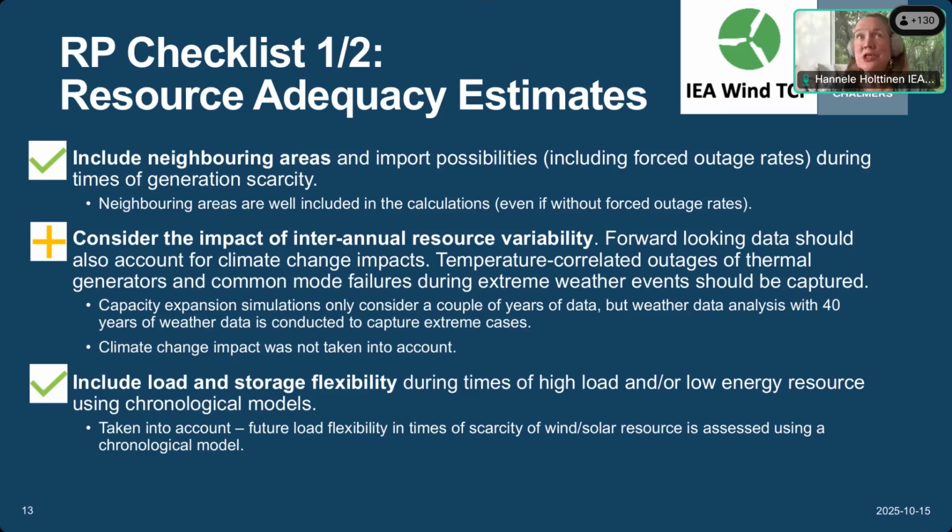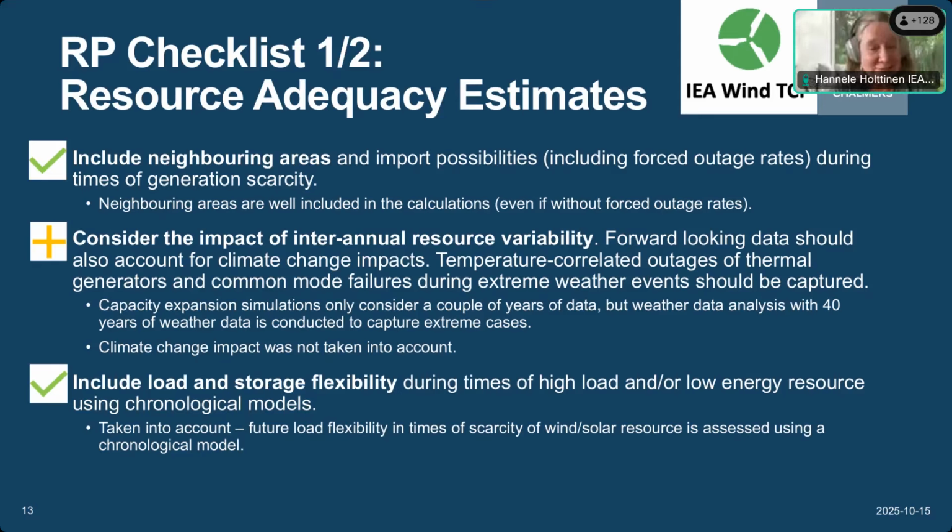This is an emerging thing happening, so we cannot yet be very sure that these time series are as good representing the wind and solar correlations and variability as the current very good data we have, the long historical data. So that's why this is a not so strict recommendation already by reading our checklists.